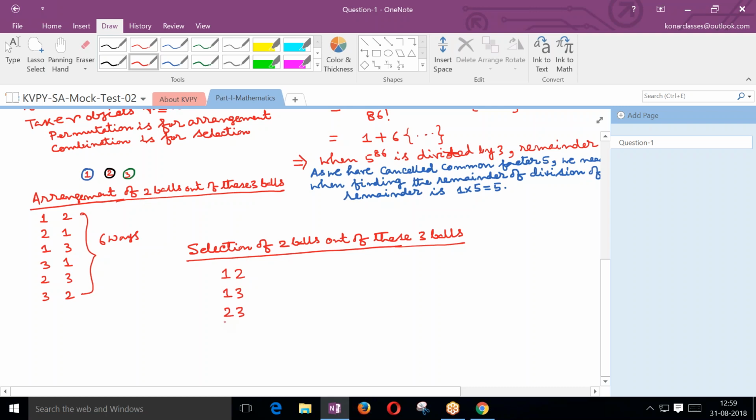We are selecting, not arranging, so we don't make 1 first and then 2, or 2 first and then 1. Only 1 and 2 is sufficient for selection. So how many ways? It is 3 ways.